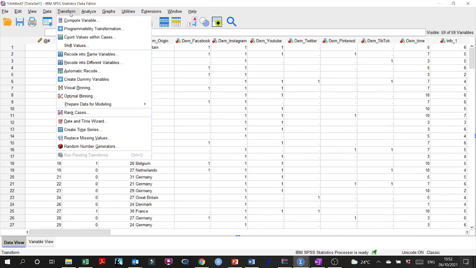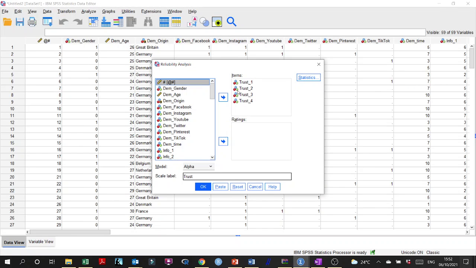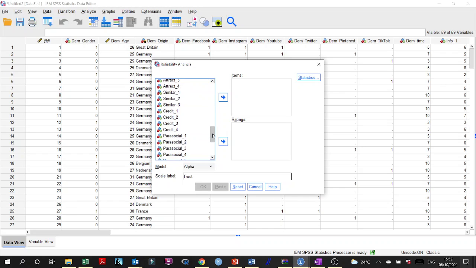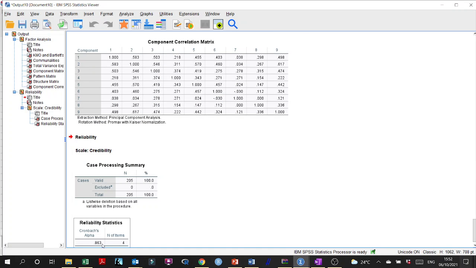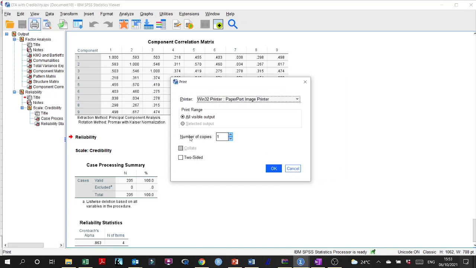And here, I'm going to just do one little thing very quickly, even though I've done it before, which is the reliability of the credibility, because I just want to make sure here we have it all together. So over here we have the results of 0.863, right? So this you can save as exploratory factor analysis with credibility, and you can also save it as a PDF.